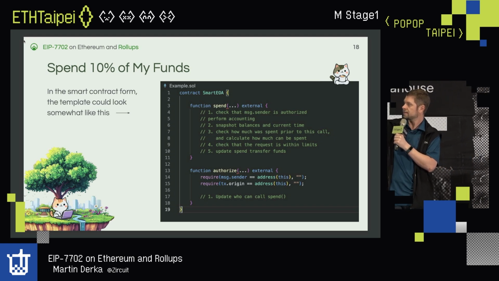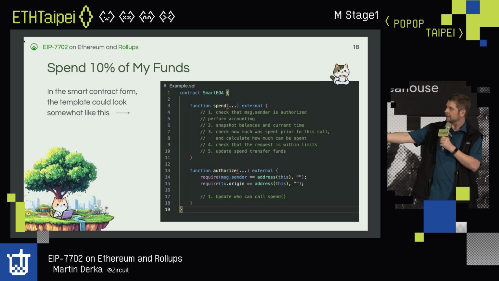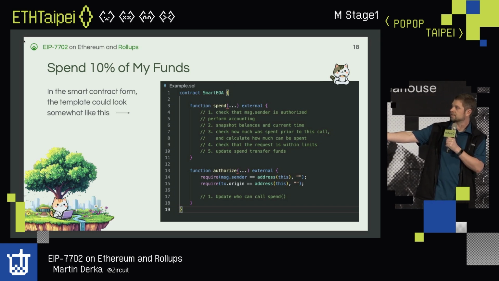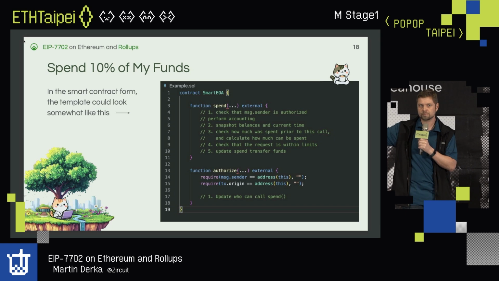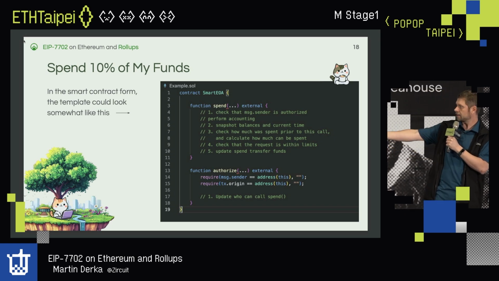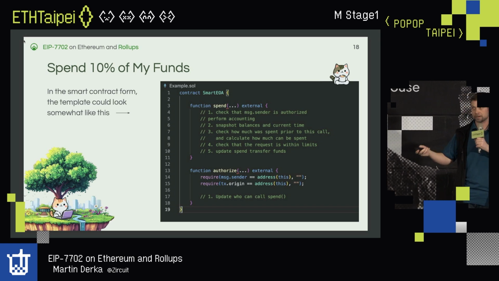You can notice in here, I have a clever trick. Let's read it out loud. The first line requires that the message sender for this transaction is this particular smart contract or this particular EOA. That is here to make sure that nobody else calls this function without you being aware of this.